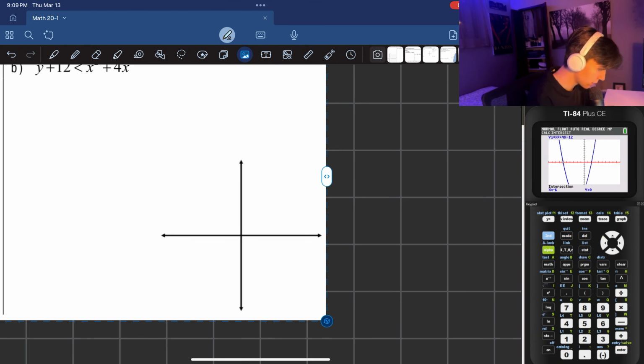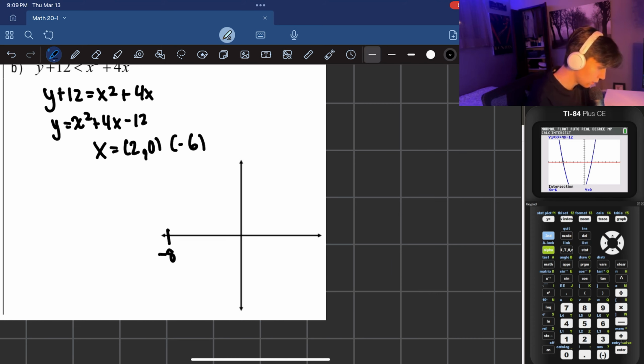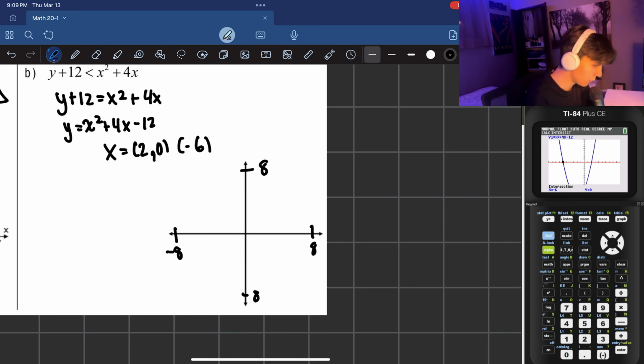So let's just make a scale of negative 8 to 8 on both axes. If our parabola looks like this, we have our negative 6, so it should be about right here, and 2 should be about right here.